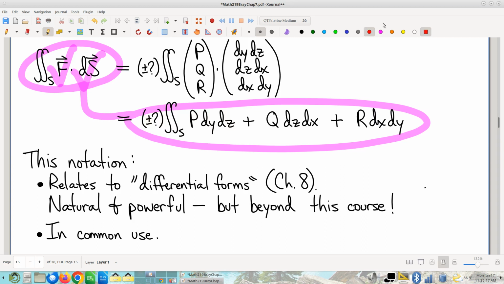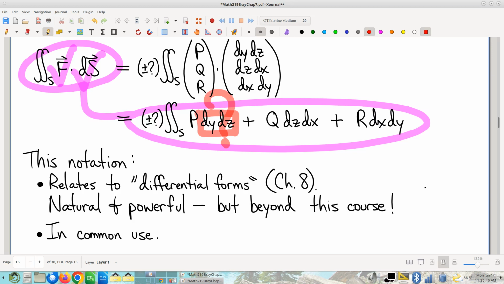Whereas, by contrast, what's dy dz? What is that? How am I supposed to see that in the picture? There's an answer, but we don't have time to deal with it. Certainly, though, I think it's harder to make geometric sense out of it, and it's quite a bit bulkier to write down.